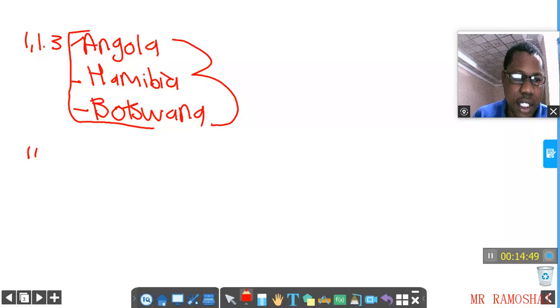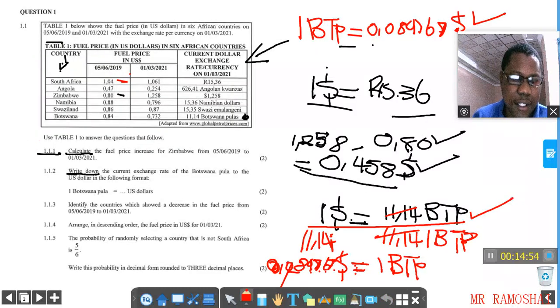So let's look at 1.1.4, right? They say arrange in descending order the fuel price in the US dollar for 1st of March 2021. So now we have two prices of fuel here. We have the one in 2019, we have the one in 2021, right?